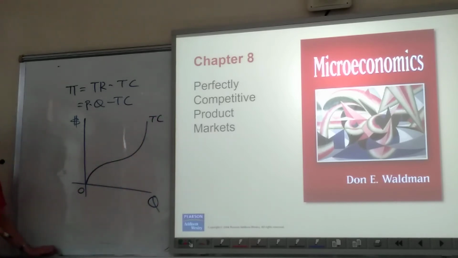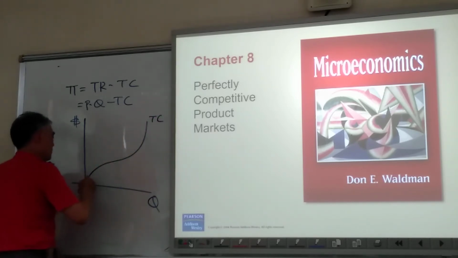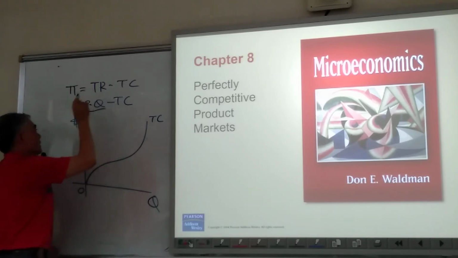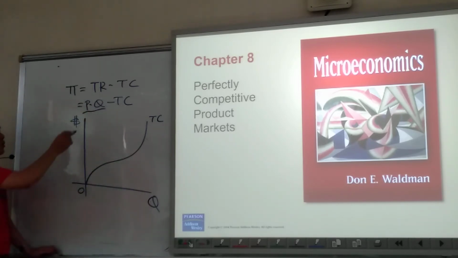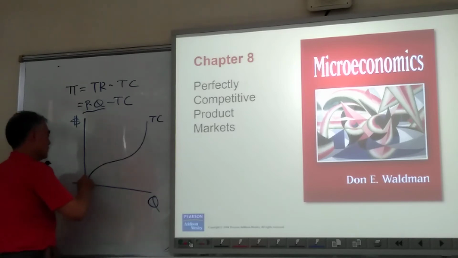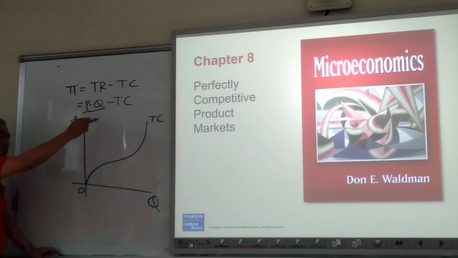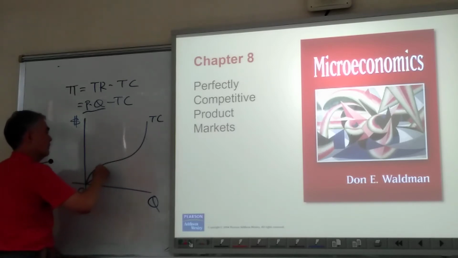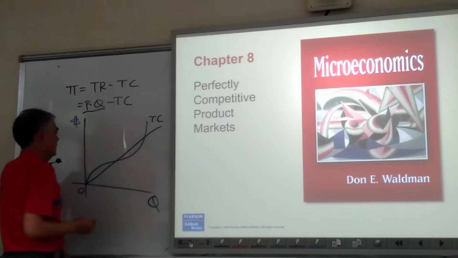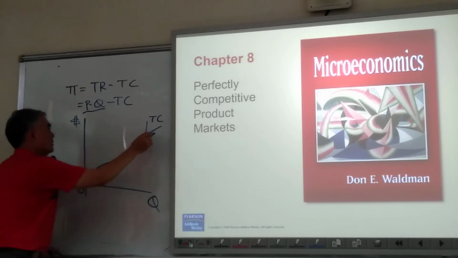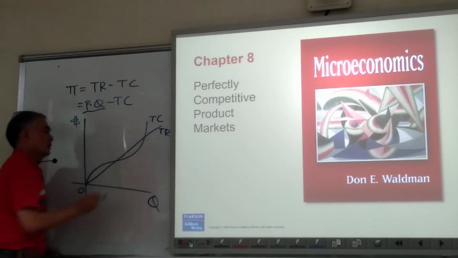And now we have a price taker. In this case, what's the total revenue? The total revenue is P times Q, and here is Q. So whatever the price is, it is something like this. So this is the total revenue curve.